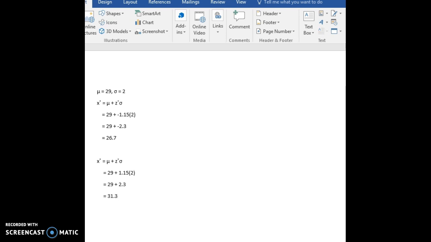So to be in that average, what they're going to consider average 75% of the middle running times, they need to be between 26.7 minutes and 31.3 minutes.